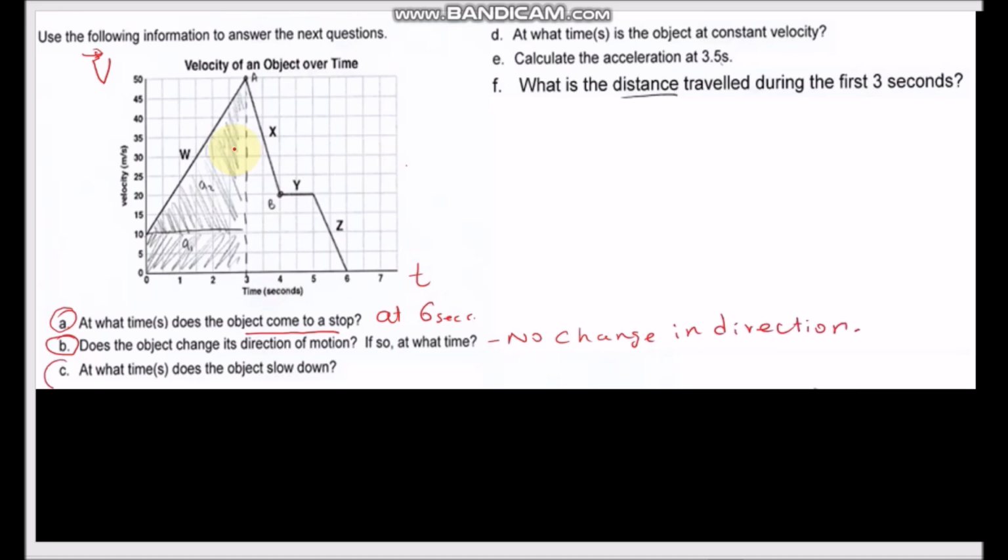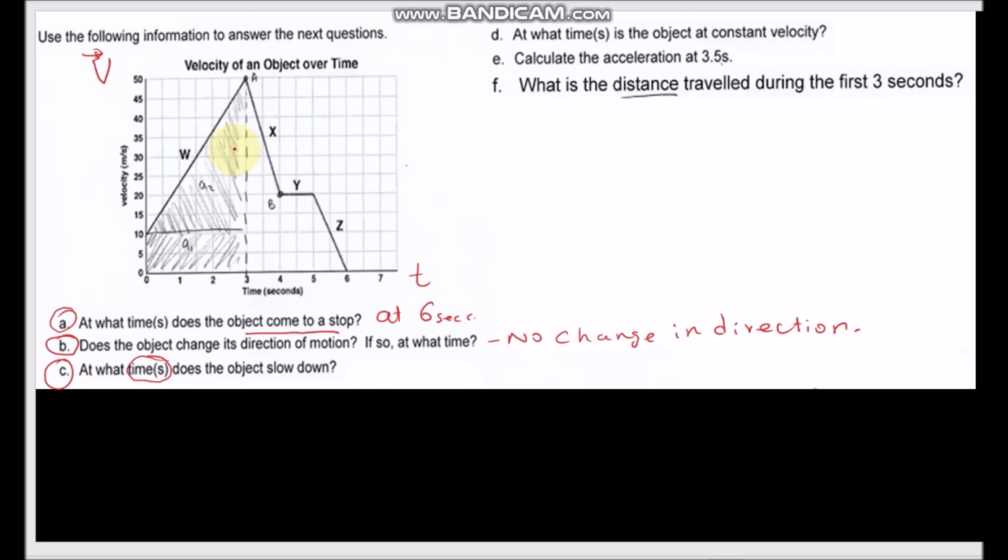The third: at what time does the object slow down? At what section? Did you see the object go down in which sections?